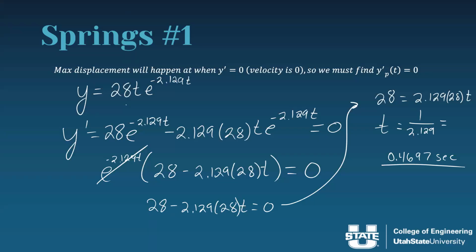So now we found the time it takes to reach that maximum displacement, but we want to find the actual displacement. So all we need to do is go back and plug that in for t into our original equation, and we get y equals 28 times 0.4697 e to the minus 2.129 times 0.4697.